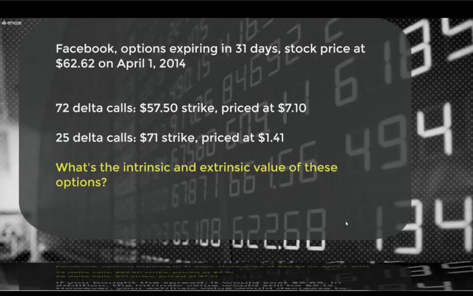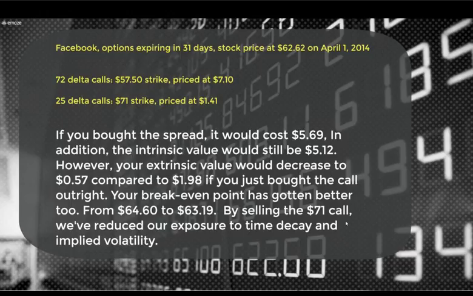Okay, so we'll move on to the next slide here, keeping in mind that last slide we looked at: the options for 31 days, the price at 62.62, 72 delta, 25 delta. If you bought the spread, so if you bought that 72 and sold that 25 delta, the total cost would actually reduce to $5.69. In addition, the intrinsic value would still be at $5.12, because that's what the spread is.